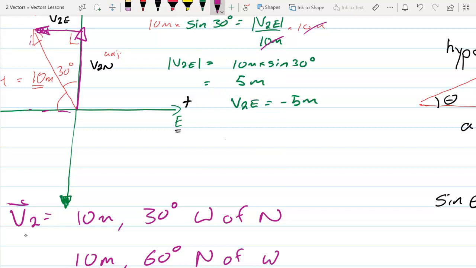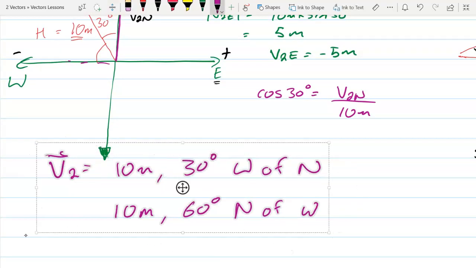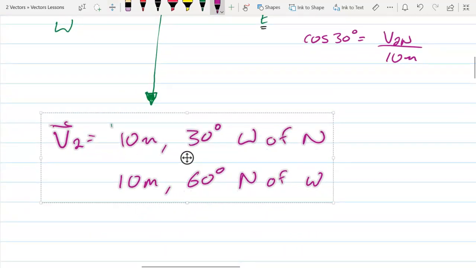So we have cosine of 30 degrees equals V2 north divided by 10 meters.